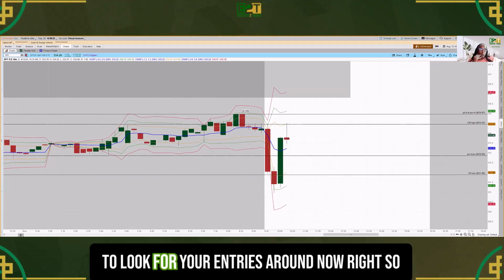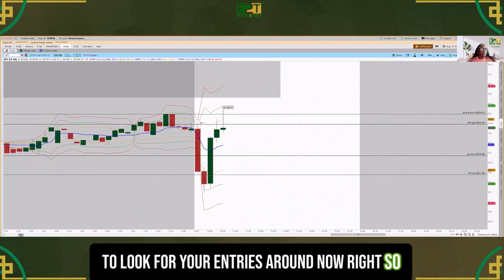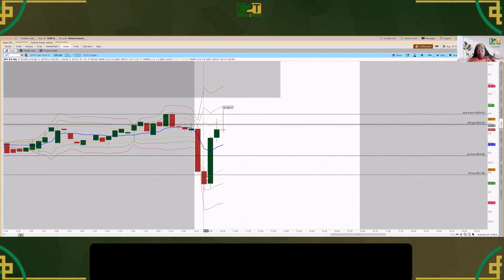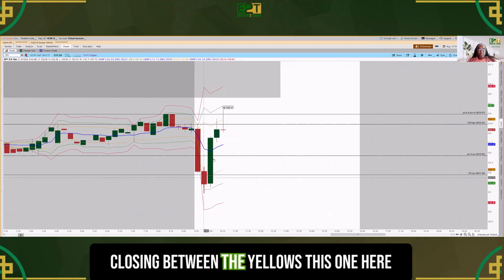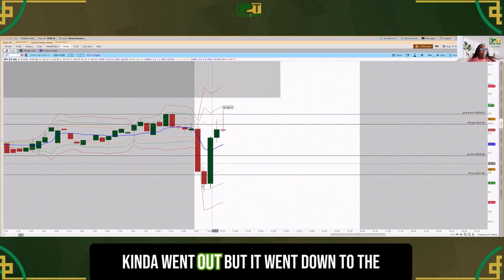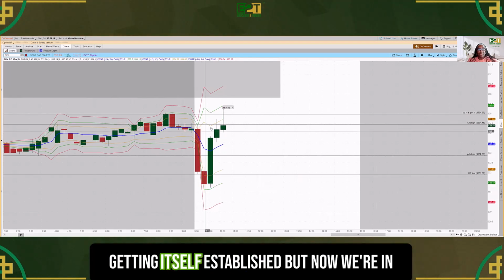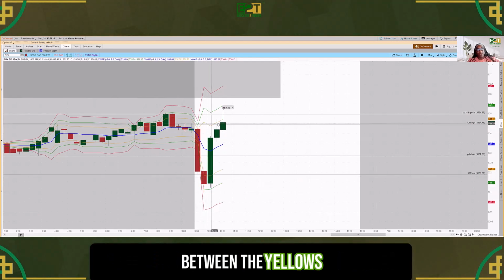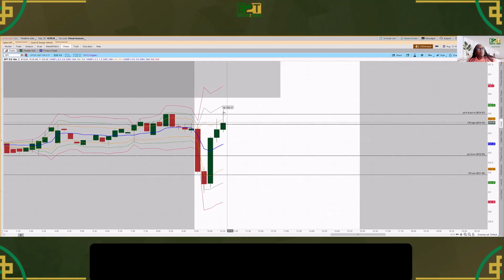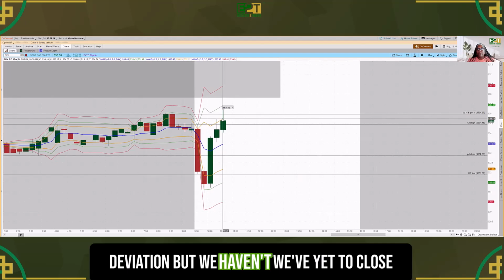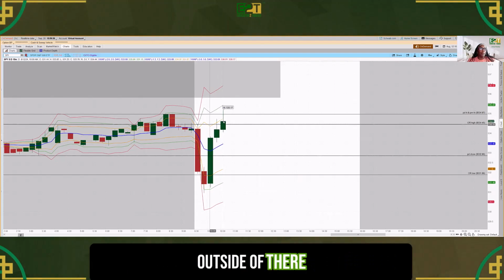So price action is staying in between the yellow so far, closing between the yellows. This one here kind of went out, but it went down to the green, which is the first two candles getting itself established. But now we're in between the yellows. Price went up outside of the first standard deviation, but we've yet to close outside of there.